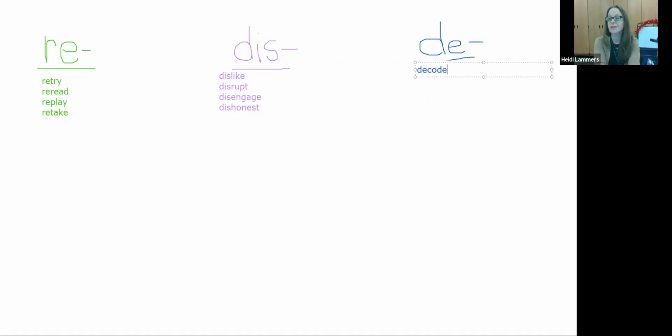This is decode. So you are removing or reversing a code. When you're reading these words, you're decoding. You're removing, you're reversing, you're taking apart these symbols and figuring out what they mean or what they represent. I like that word, decode.